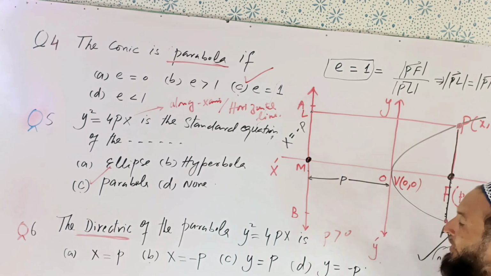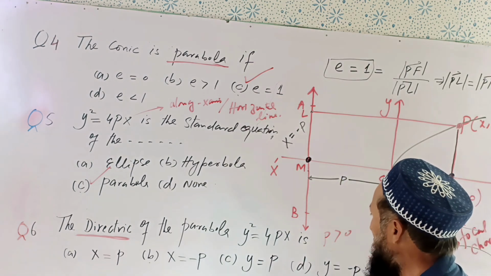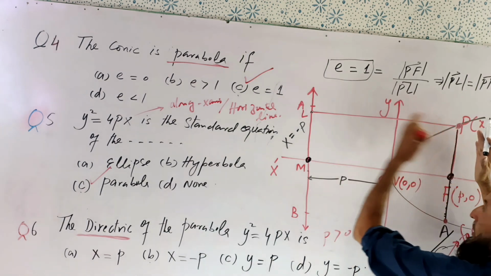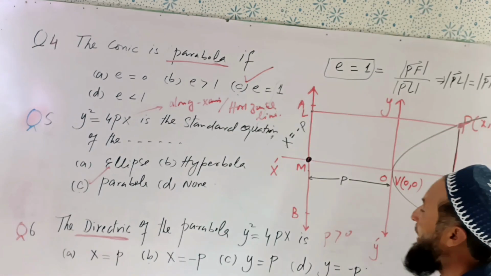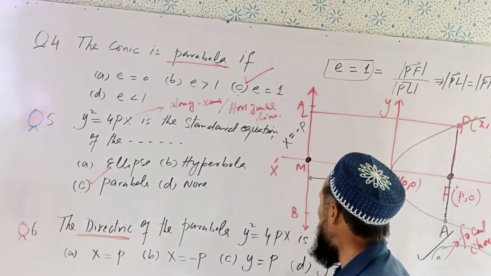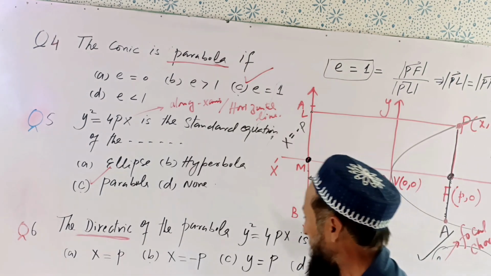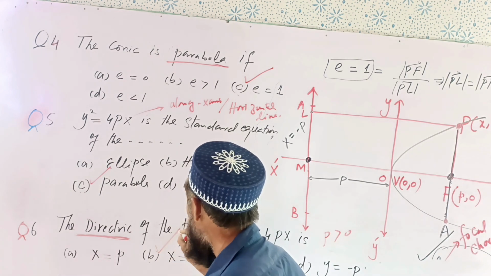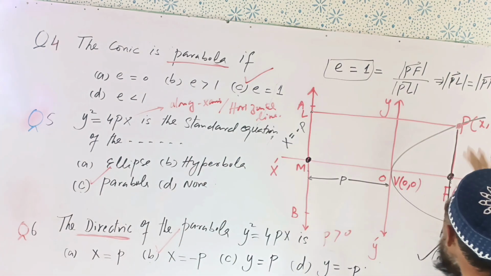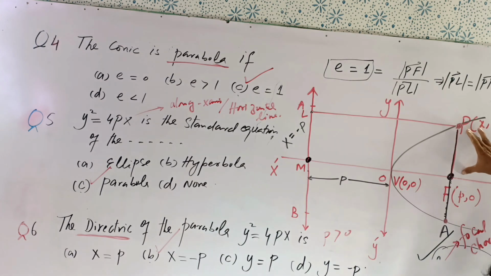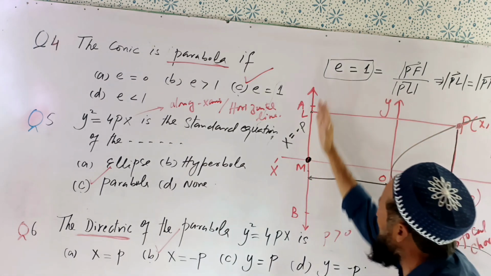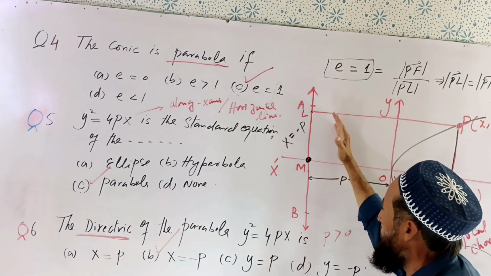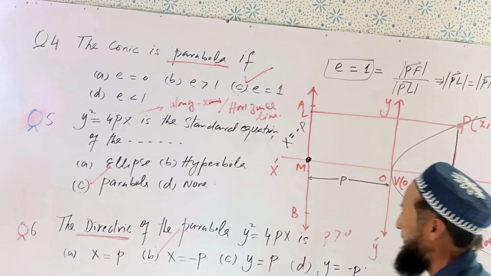So the directrix is x equal to minus p. The directrix is always on the opposite side, perpendicular to the axis. Option B is the correct option, because the directrix line lies on the negative side, so x is equal to minus p.